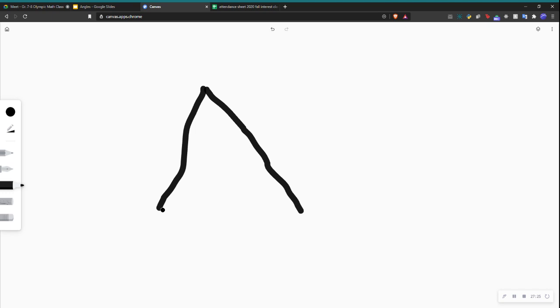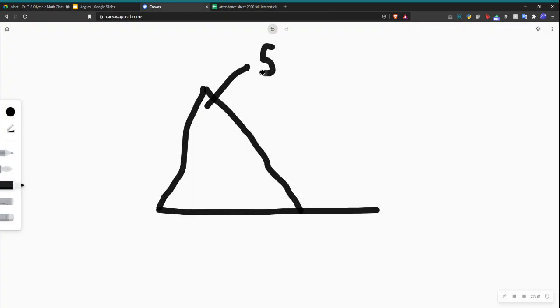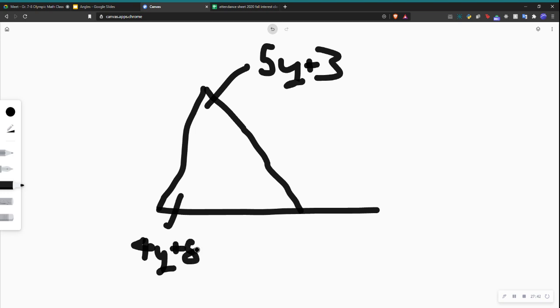Can't draw straight lines. There you go. Okay, so this is 5y plus 3. Four y plus 8. And 146 right here.